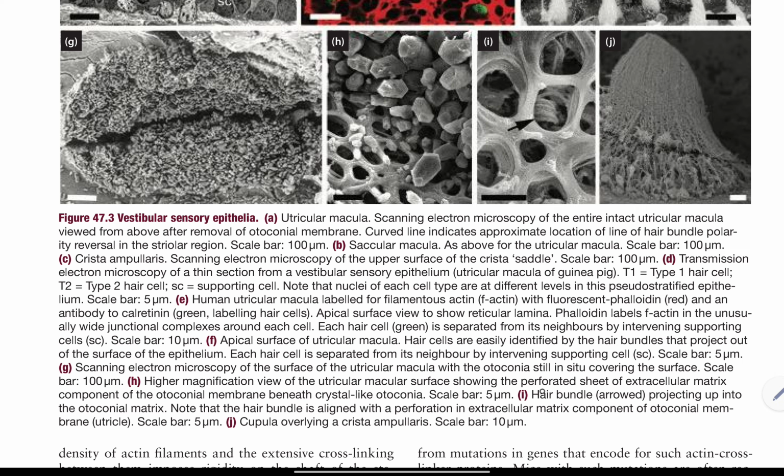Scale bar 5 μm. I is a hair bundle, arrowed, projecting up to the otoconial matrix. Note that the hair bundle is aligned with the perforation in the extracellular matrix component of the otoconial membrane of the utricle. Scale bar 5 μm. J is a cupula overlying a crista ampullaris, scale bar 100 μm.